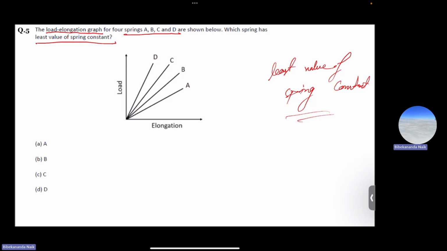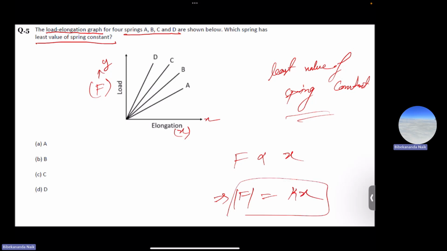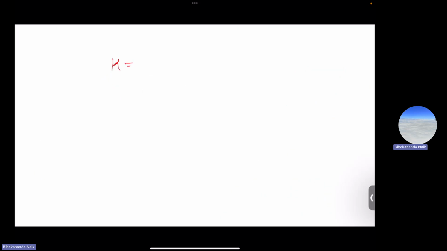So here we have load and elongation. Elongation is x, load is F. So F is along the y axis and elongation is along the x axis. As we discussed in the previous question, F is directly proportional to x, or the mod of F is kx. So the value of k is F by x.